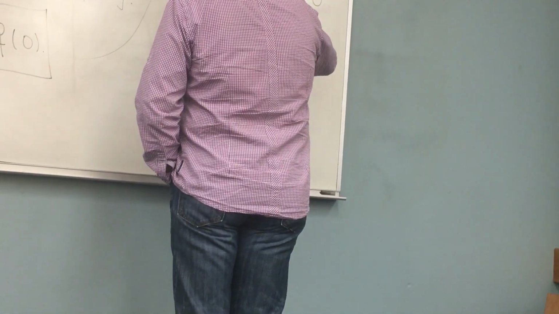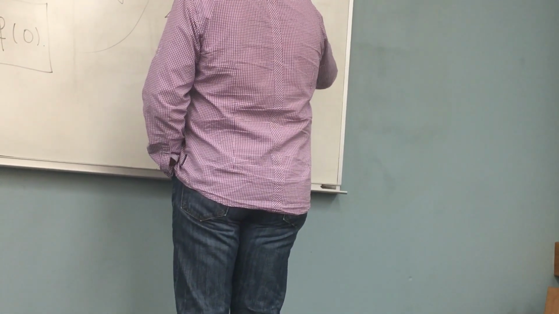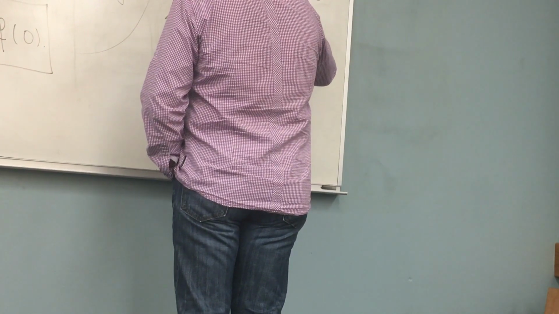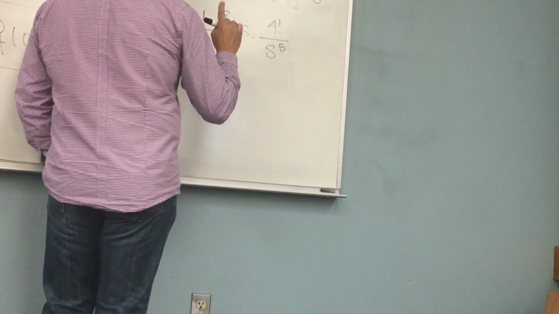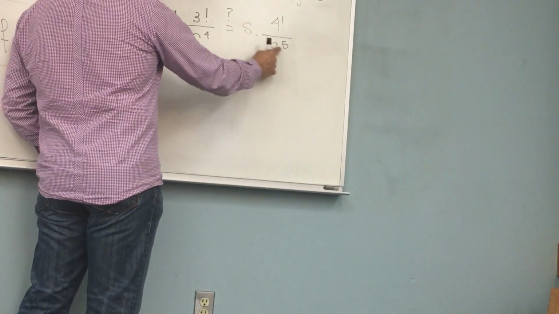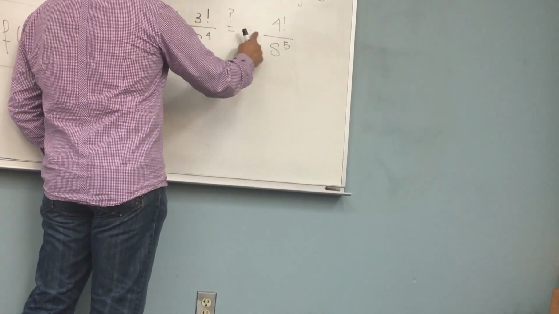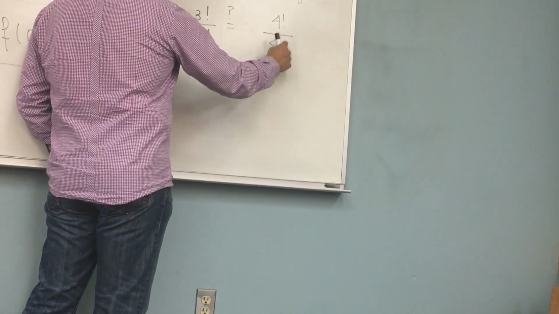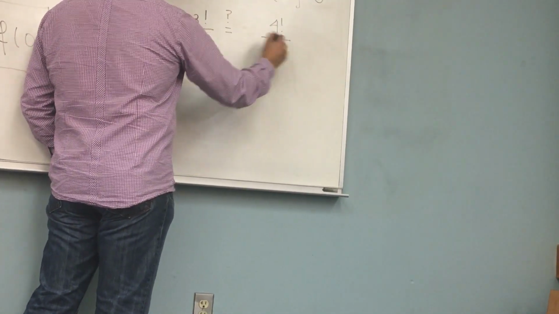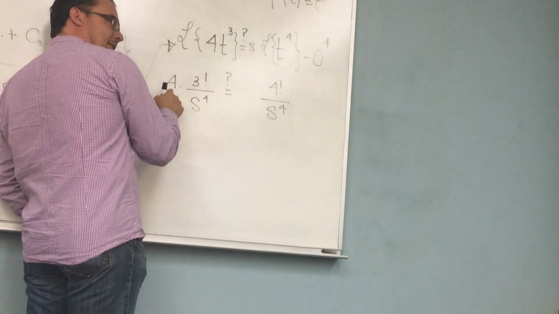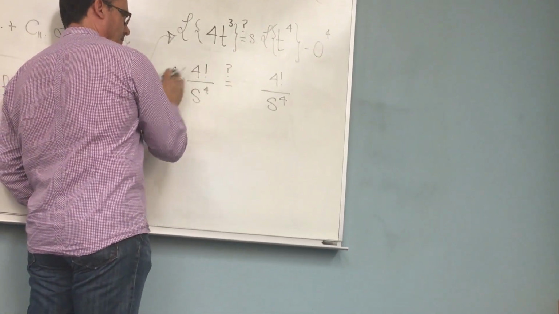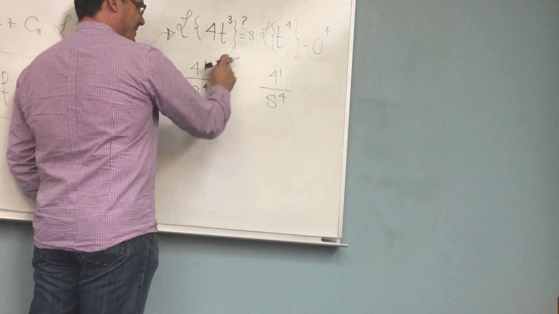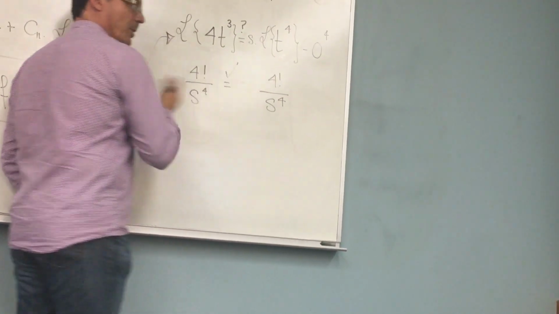S times, what was the Laplace transform of this? 4 factorial over s to the 5th, minus 0. Now look at this, s divided by s to the 5th, this will cancel one of these. And you multiply 4 times 3 factorial, it becomes what? 4 factorial. Now look, yes, they are equal. They should be, by the property.